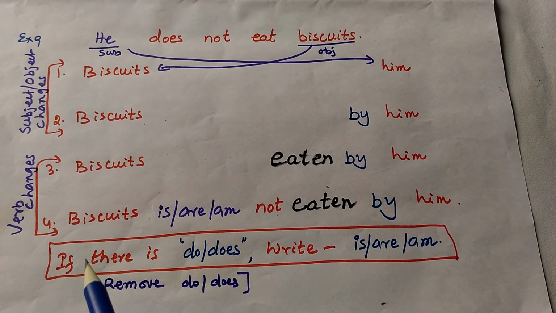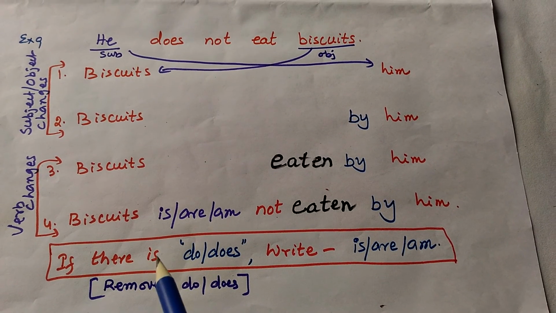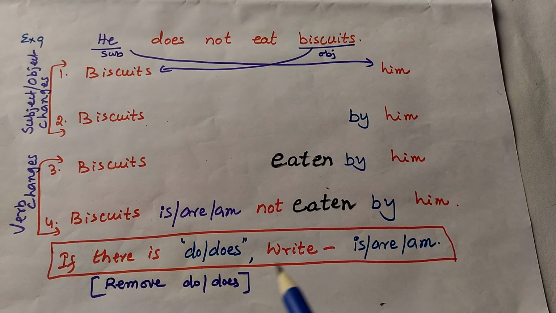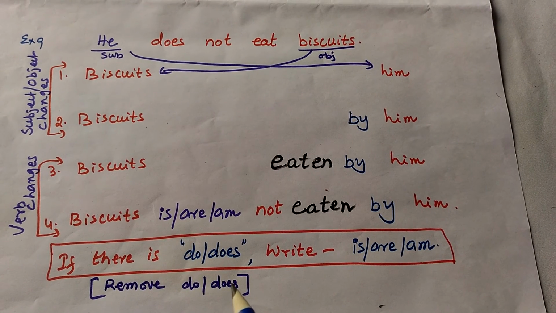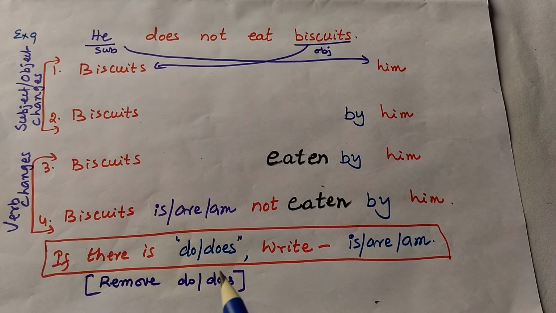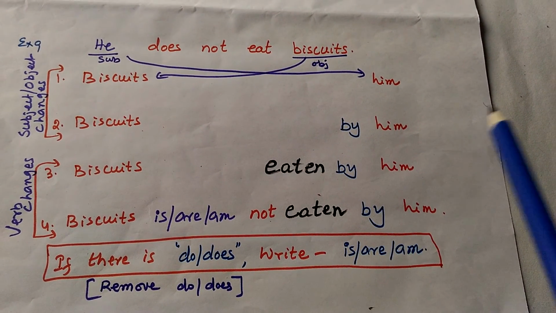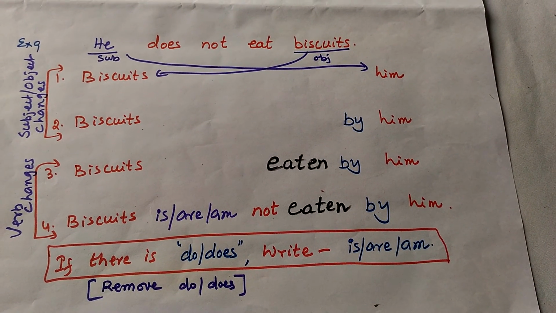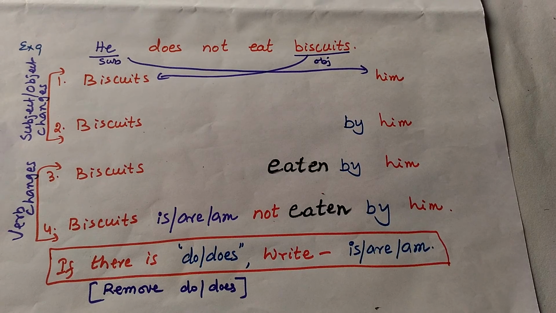So the be form rule is that if there is do or does, write is, am, or are and remove do or does. So this is about the changing of active voice sentences into passive voice sentences.